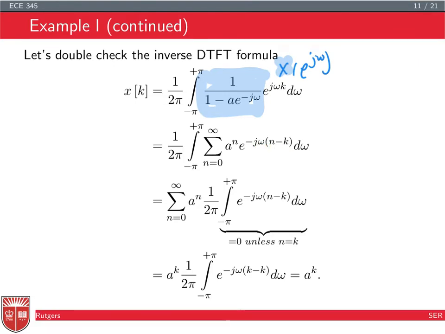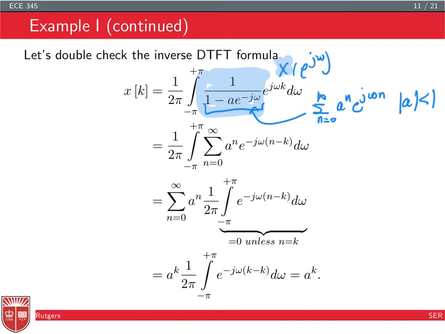If you got confused, what I did here is just replace this part by the sum from n equal to 0 to infinity of a^n e^{−jωn}, and of course here the assumption is that the magnitude of a is less than 1.